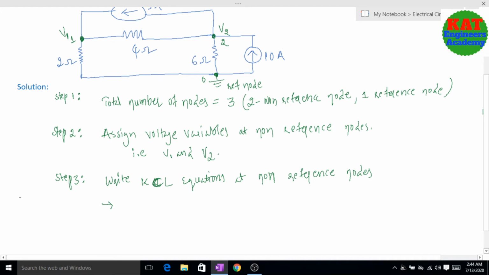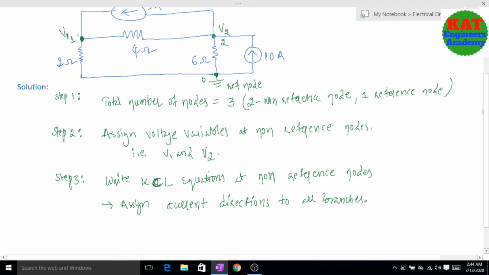So first you have to remember, before you write the KCL equation, assign current directions to all branches.